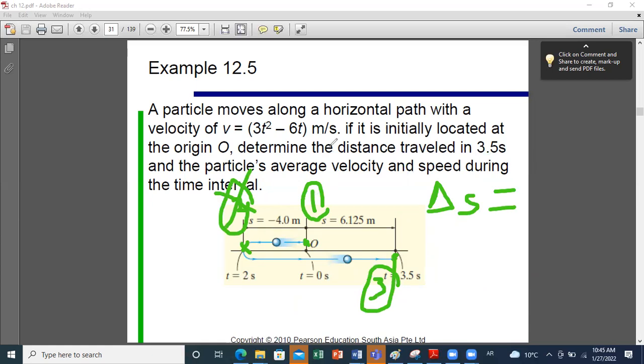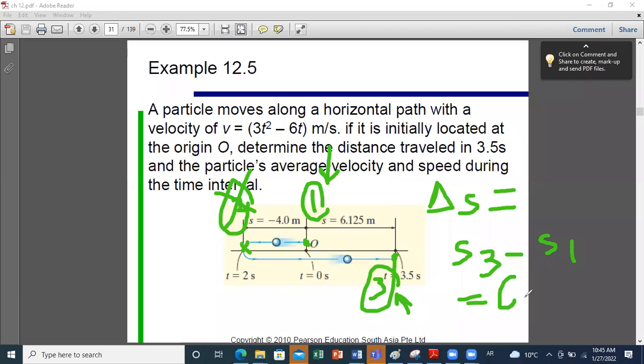It will just take into consideration the position at s equals 0 and the position at s equals 3.5. So the total displacement is s of 3 minus s of 1, which is equal to 6.125.